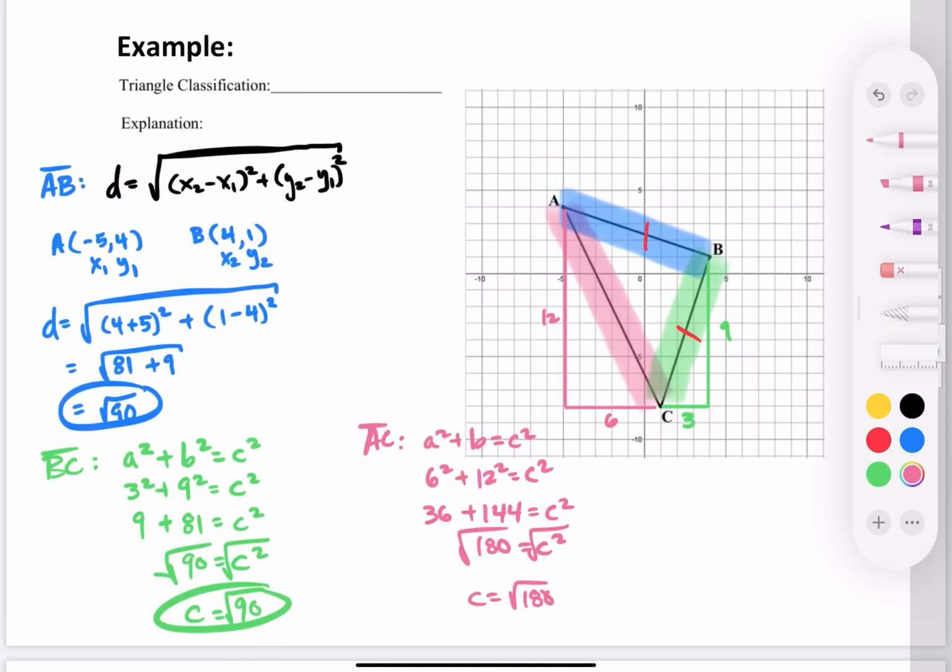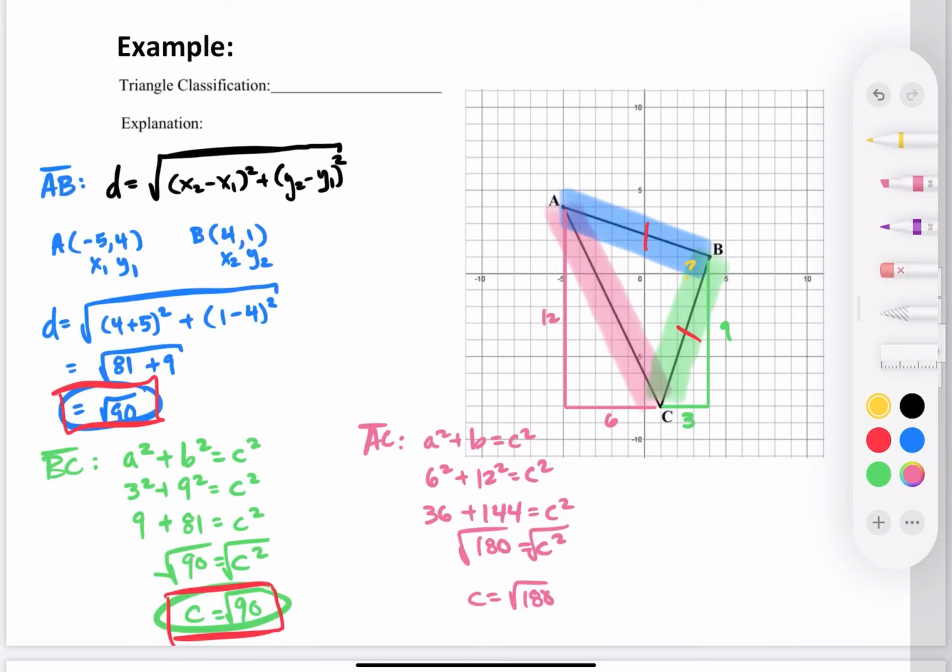So we do know that this has to be an isosceles triangle. We have 2 sides that are congruent, and those 2 sides are AB and BC. Now, I'm not 100% sure about this angle right over here. Is that angle a right angle? I'm not 100% sure.